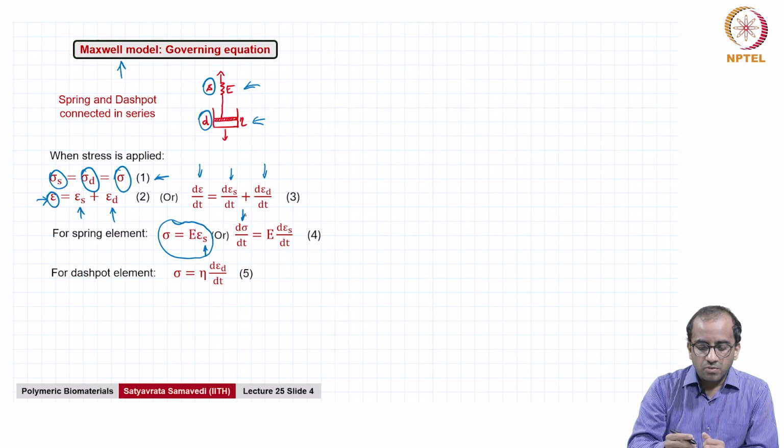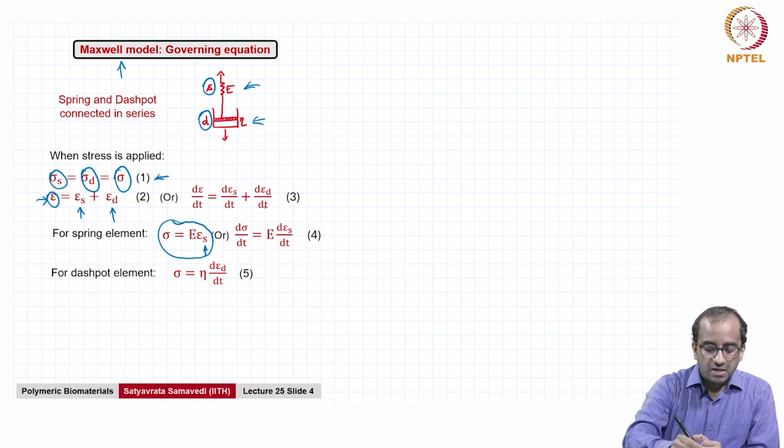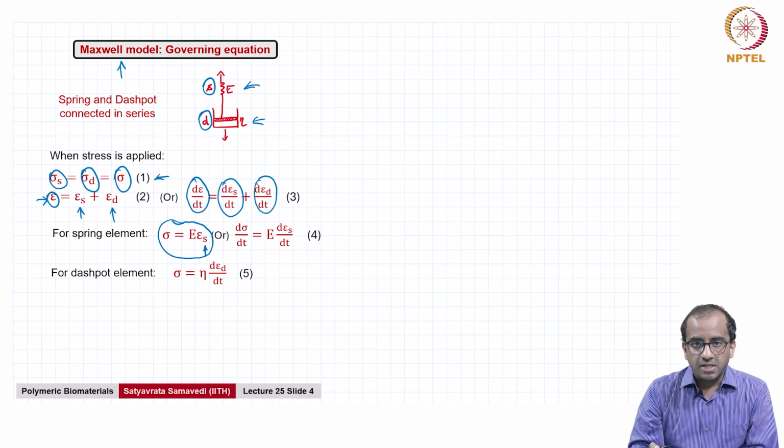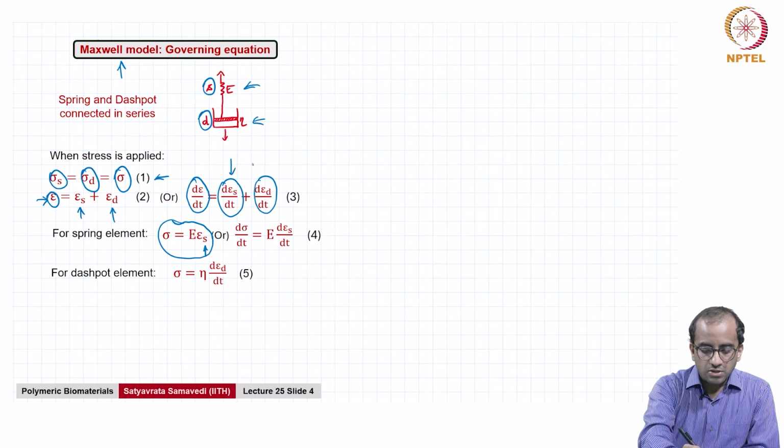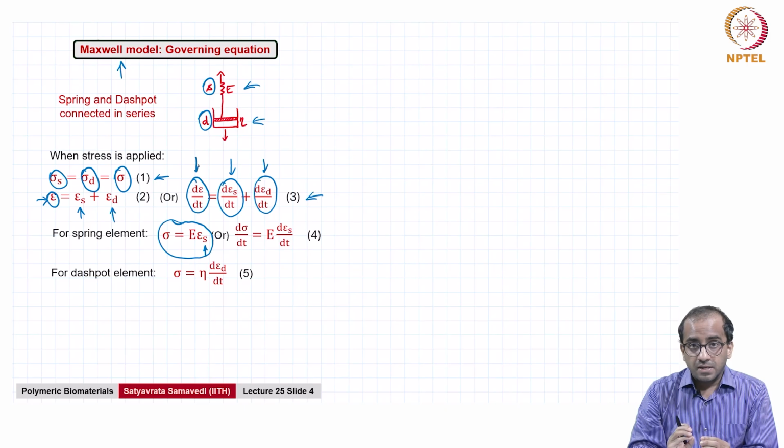Essentially what we are trying to do is determine d epsilon over dt by individually looking at d epsilon S over dt and d epsilon D over dt. Once we get expressions for these two, we will substitute it back in this expression to get a relationship between sigma and epsilon for the entire system, right?